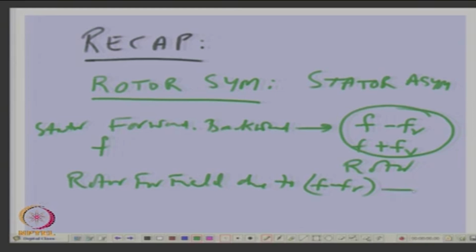So that will only give rise to f in the stator, right. It cannot induce any backward field with reference to the rotor, because there is already a positive sequence current in the rotor. Is it clear? Then you look at the rotor backward field.